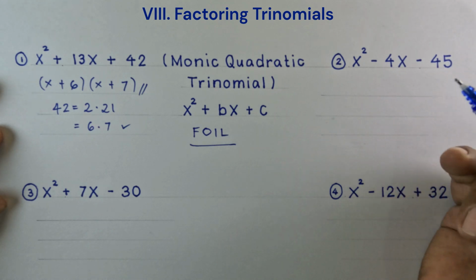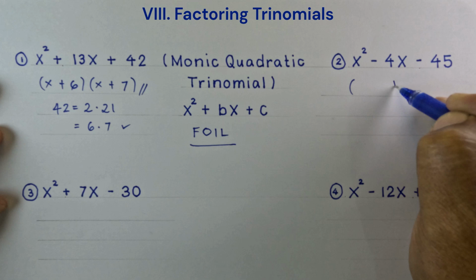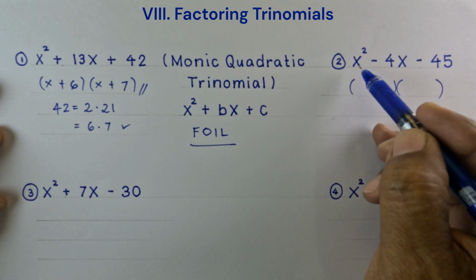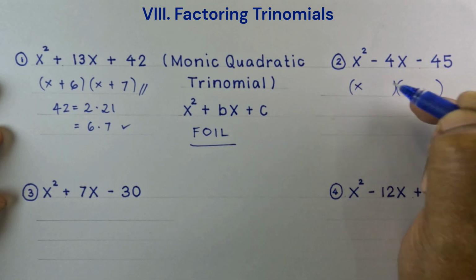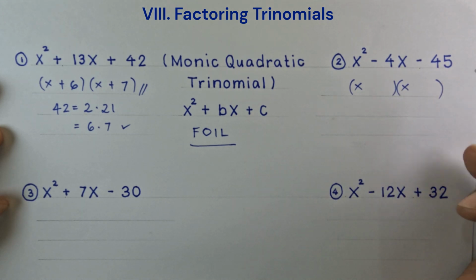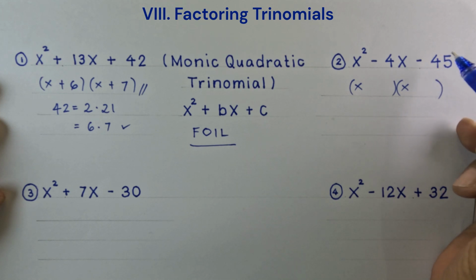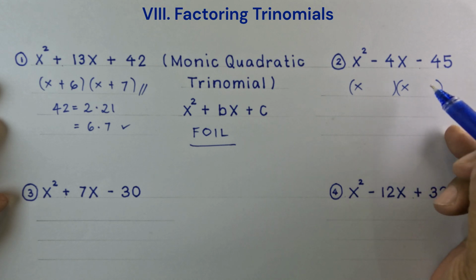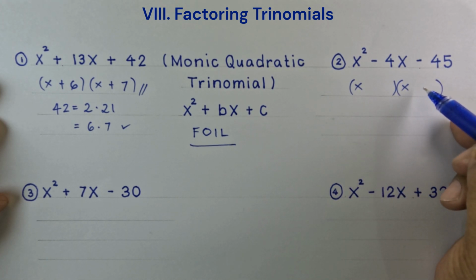How about the next one? That's x squared then, so we could write here x and an x. How about the signs of the terms? Since this is negative, the sign of the constant term, the signs of the terms here must have one negative and the other positive.